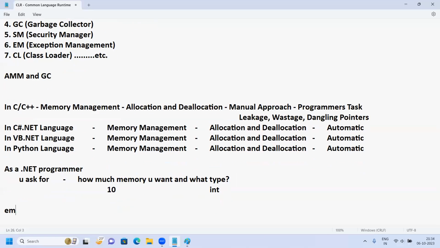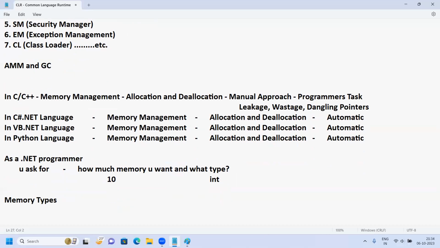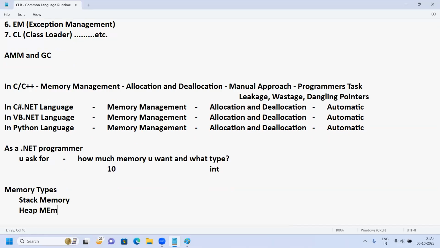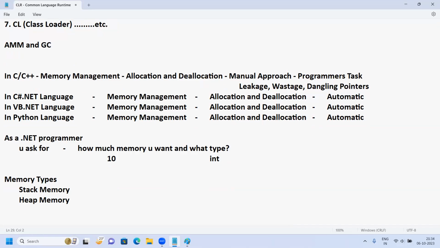Let me write here. Memory types which .NET deals with. Stack memory. Heap memory. Then the third is global memory, that is called the static pool.